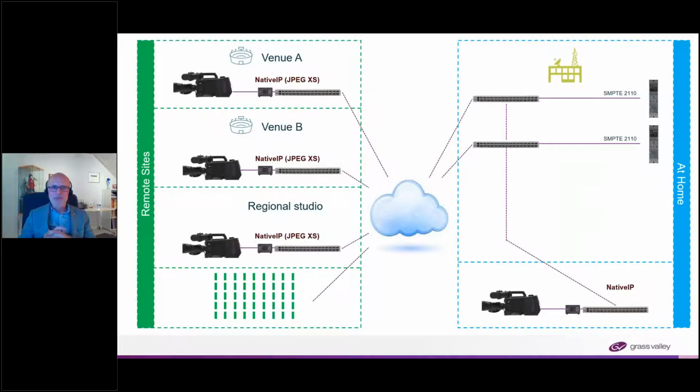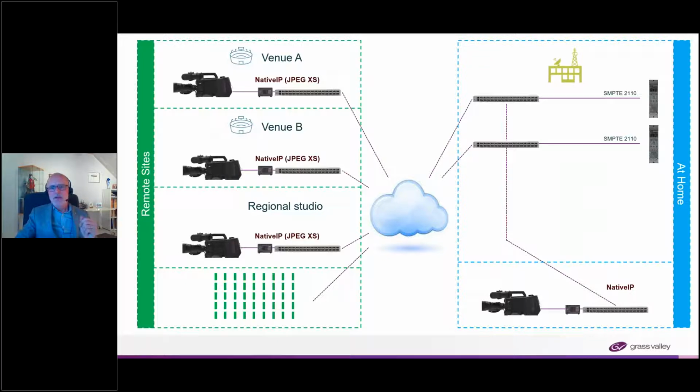But you can also connect regional studios, for example, to the same network. So you have your main studio building and you have your regional studios all connected over IP together. And we have also use cases of that already existing in the world. And you can extend that almost without any limits.